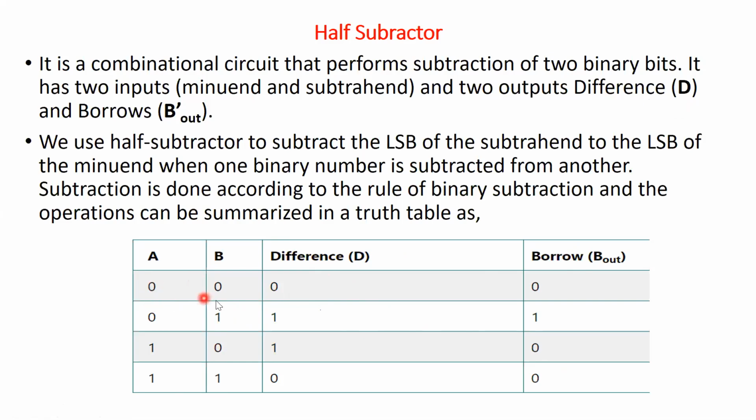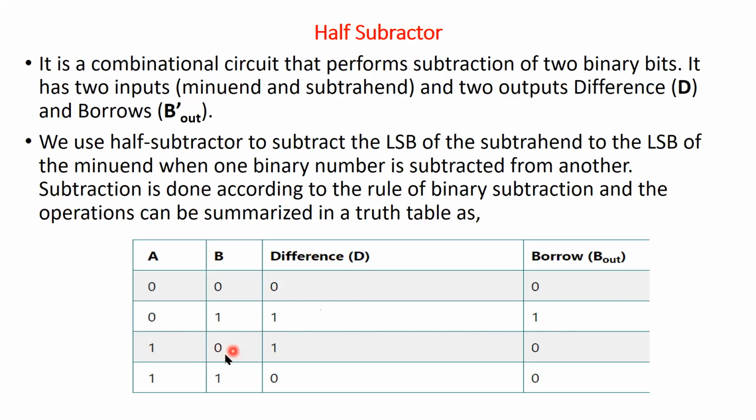So 0 minus 0 is 0. Now when I want to do 0 minus 1, I cannot subtract 1 from 0, so I have to take a borrow. But 0 minus 1 as such, the difference will be 1. Since I cannot subtract 0 minus 1, I take a borrow, but my difference is 1.